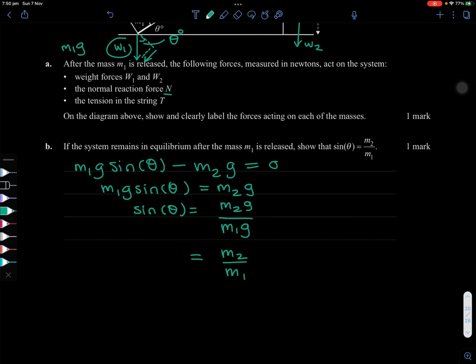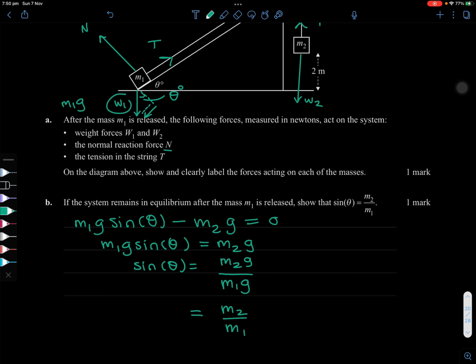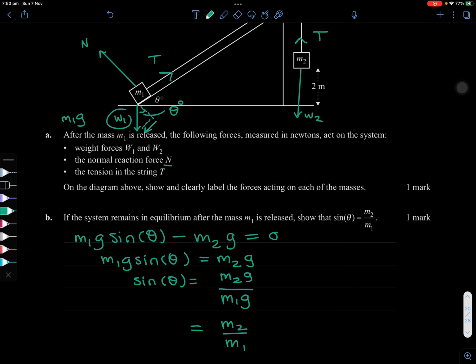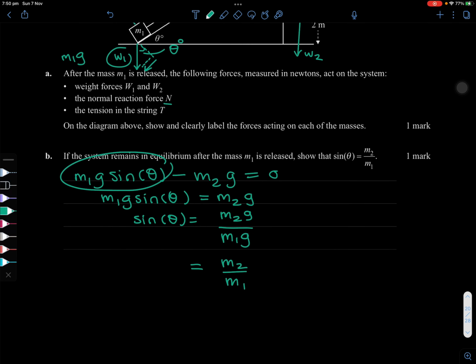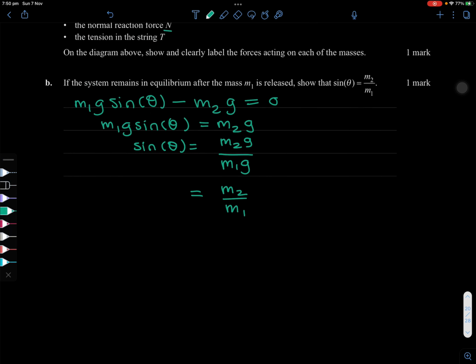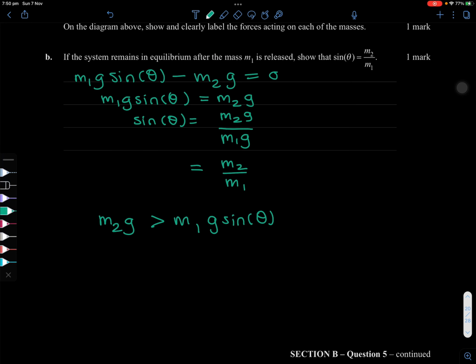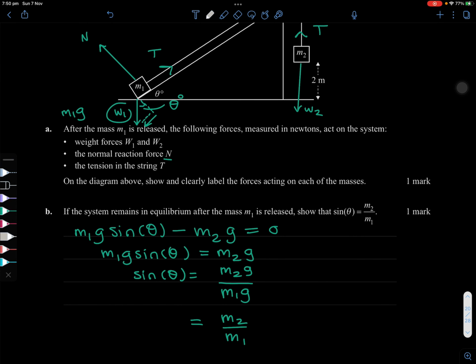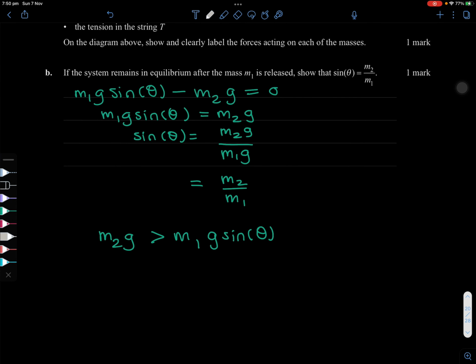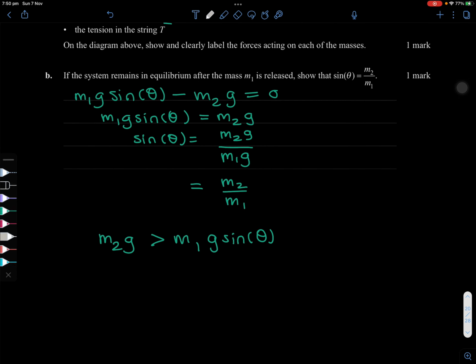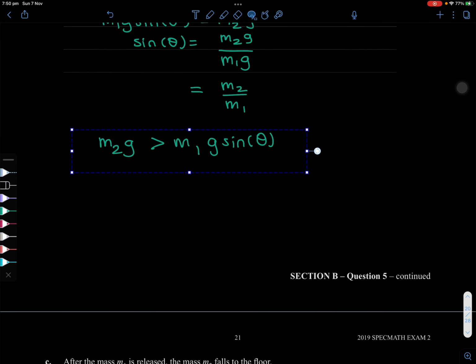So if m2 is falling, that means m2 needs to be winning over whatever's pulling m1 down. So that means m2g needs to be winning over this, right? That makes sense, because the force pulling m2 down needs to not cancel out with m1, otherwise it's not going to move, is it?